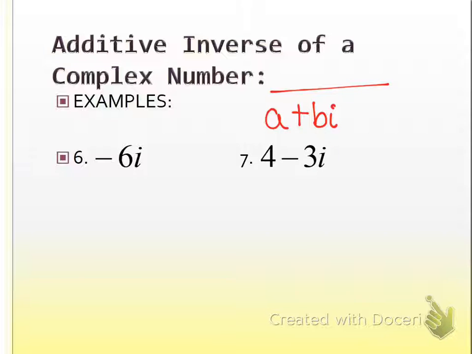Negative a, the opposite of a. What do you think we'd have to add to bi to cancel it out? Negative bi. So the additive inverse, that's what goes on that line here, is negative a minus bi. That's the additive inverse for any complex number written as a plus bi.